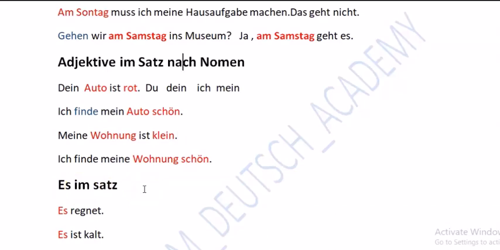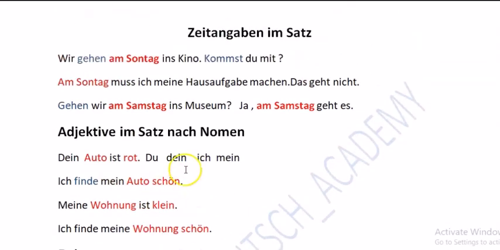So we are coming to our first title. It's about Zeitangaben im Satz. Zeitangaben means times in a sentence. In which position do we use times and adverbs of time in a sentence? We use adverbs of time and times in third position.